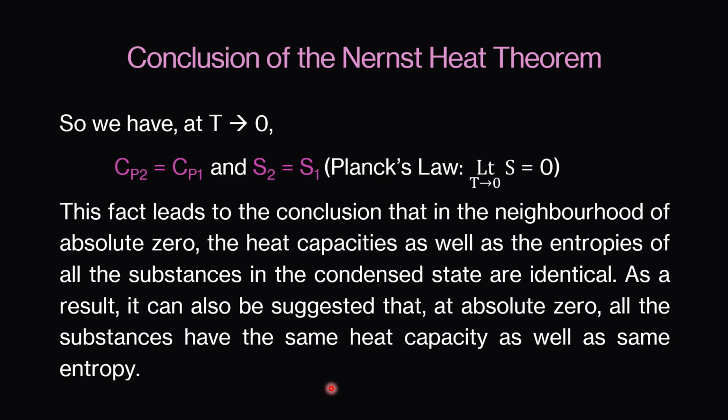And this fact leads to the conclusion that in the neighborhood of absolute 0, the heat capacities as well as the entropies of all the substances in the condensed state are identical. As a result, it can also be suggested that at absolute 0, all the substances have the same heat capacity as well as the same entropy.